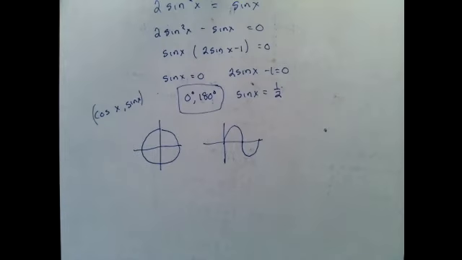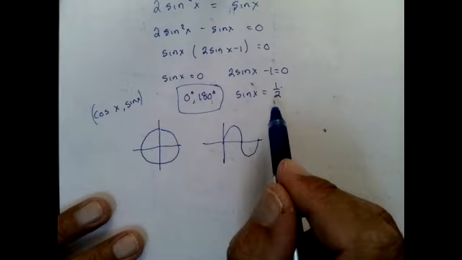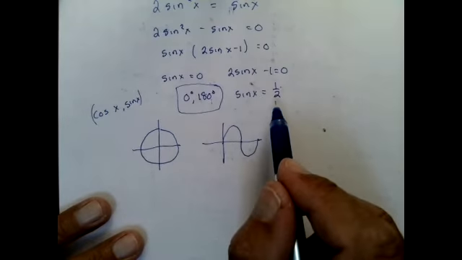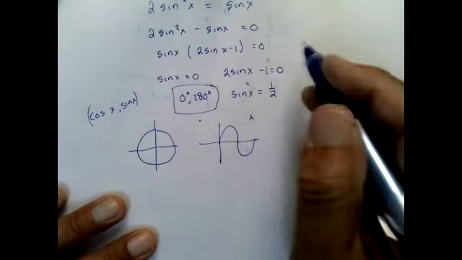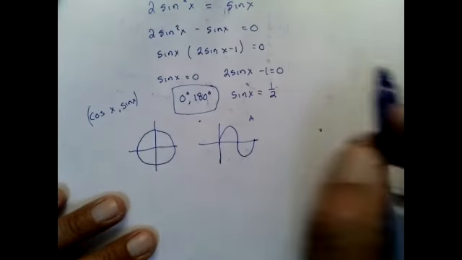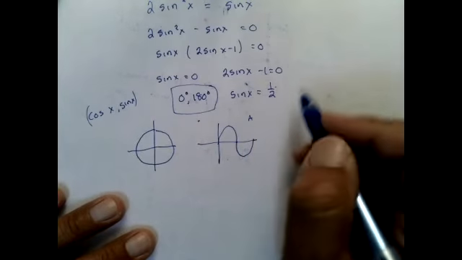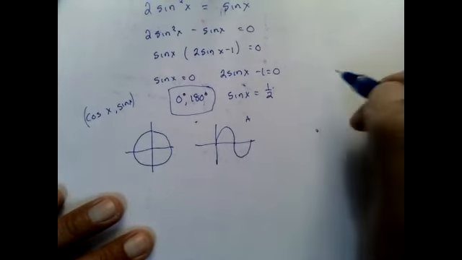Well, there's still more answers. I still have this sine of x equals 1/2. That's going to be in the first and second quadrant. So I'm going to have an answer in the first and second quadrant.